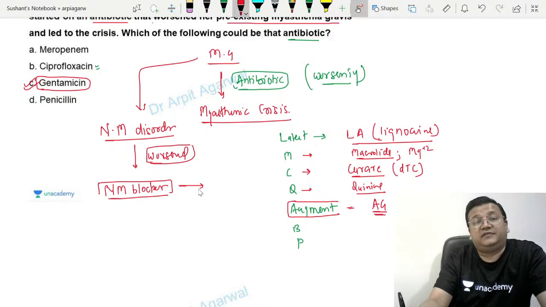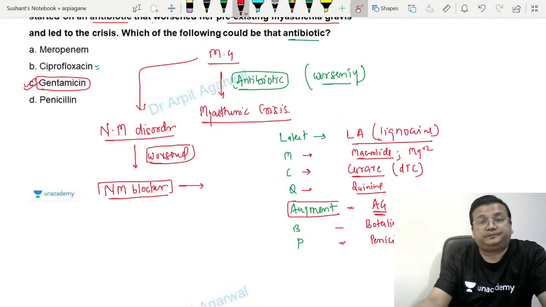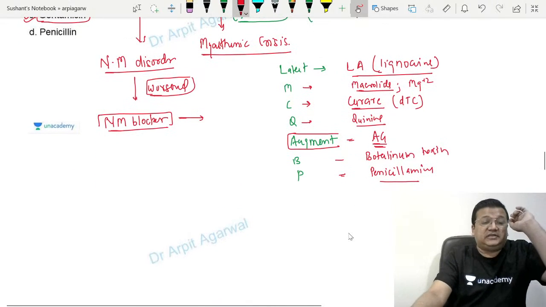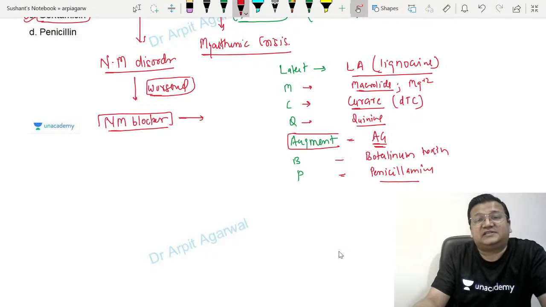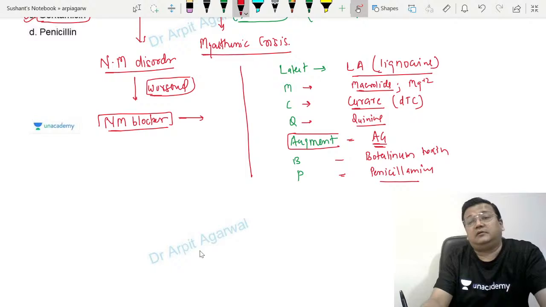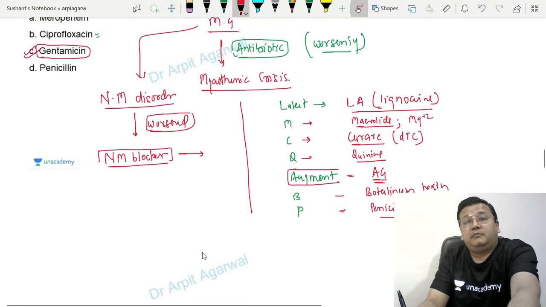Any drugs which have neuromuscular blocking properties. B stands for botulinum toxin, and P stands for penicillamine. So these are the drugs that will worsen myasthenia gravis, because all of them are neuromuscular blockers.